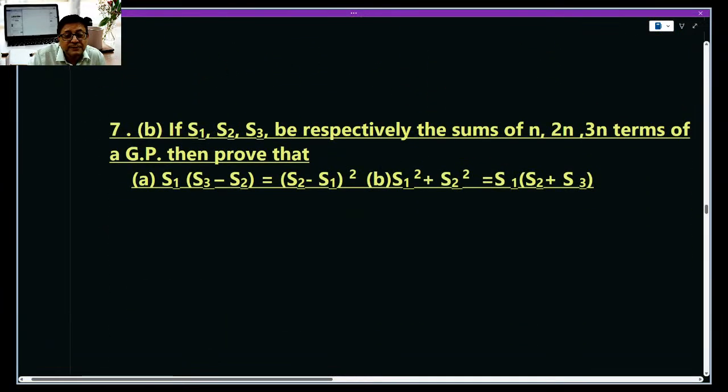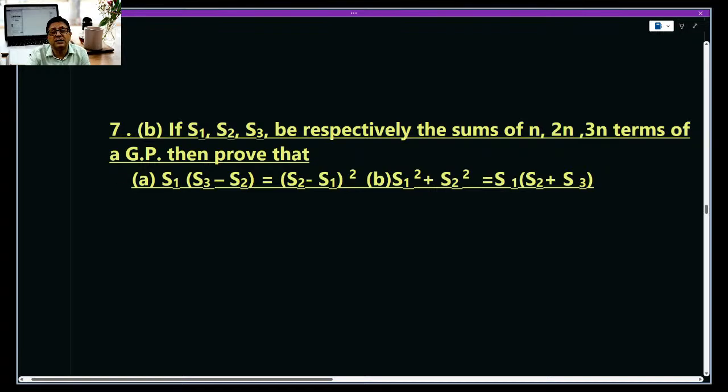Do number 8. This is a bit difficult sum. Don't think so. I will be doing only one for you. S1, S2, S3 respectively are the sums of n, 2n, 3n terms of a GP.